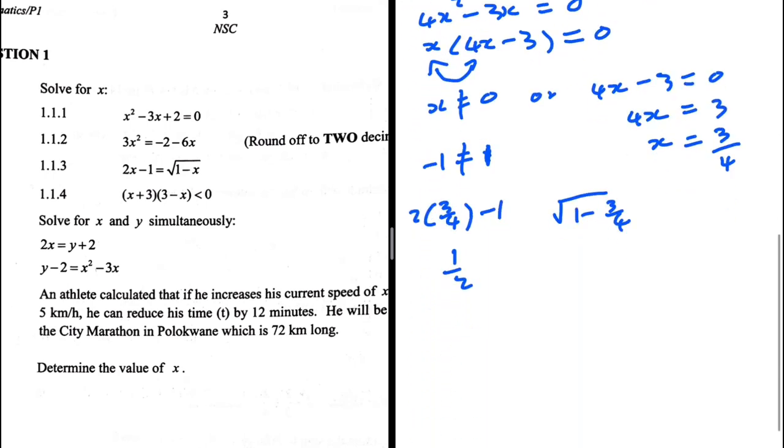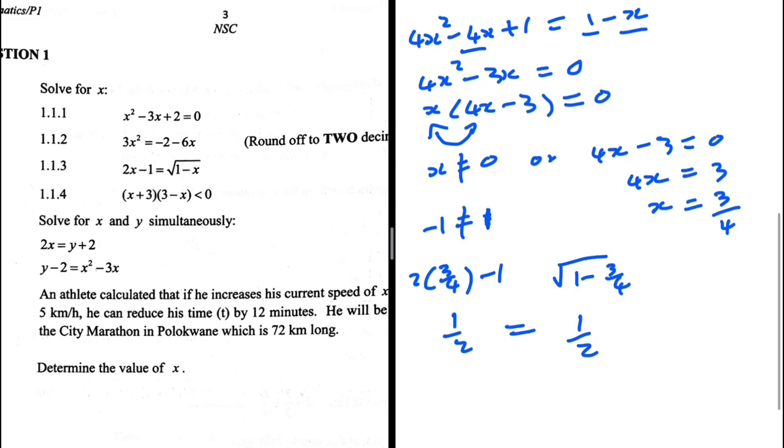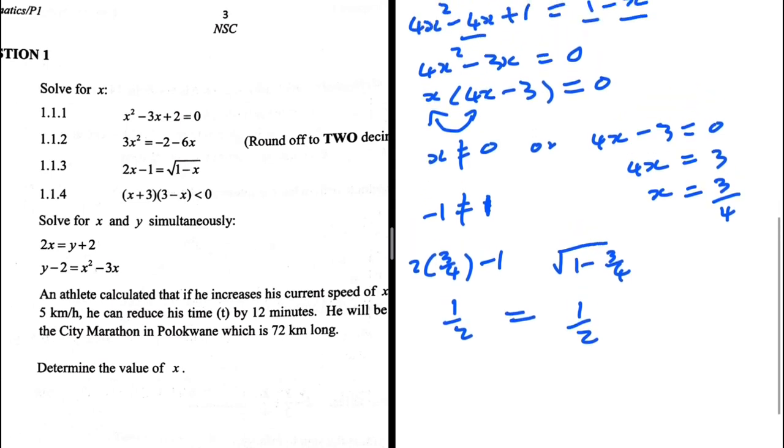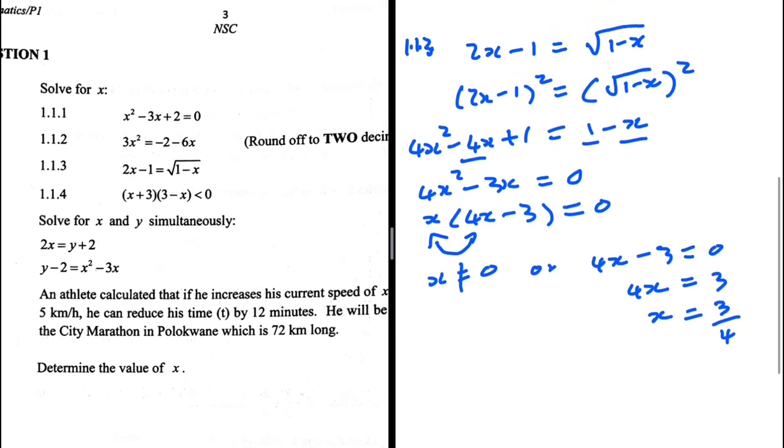Is it just 1 minus x? Yeah, it is. So 1 minus 3 over 4, we are getting 1 over 2. So they are equal to each other when x equals 3 over 4. So x equals 3 over 4 is actually our correct solution. x equals 0 is not a solution because minus 1 is not equal to 1.